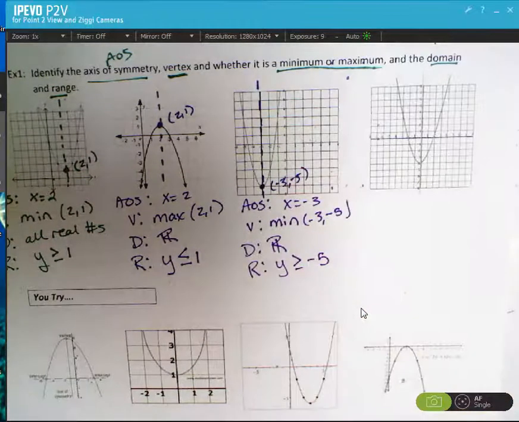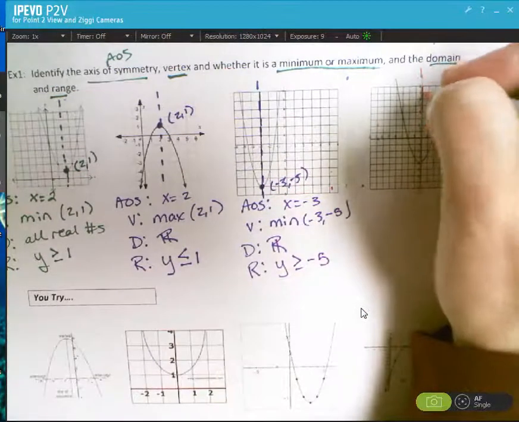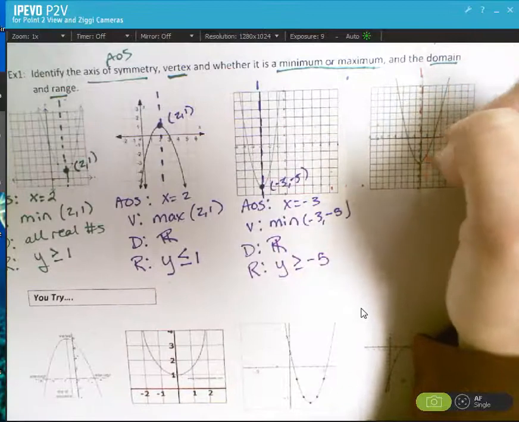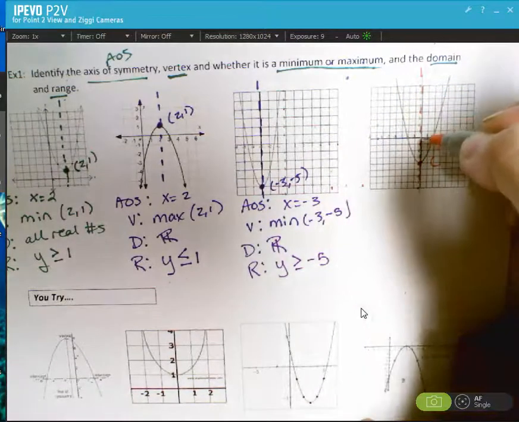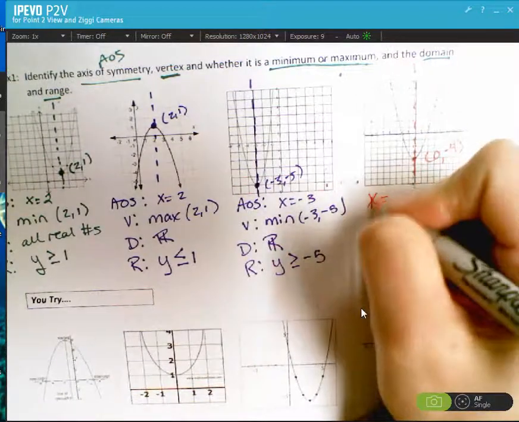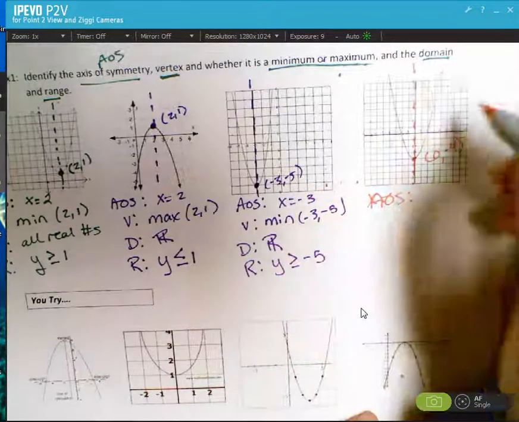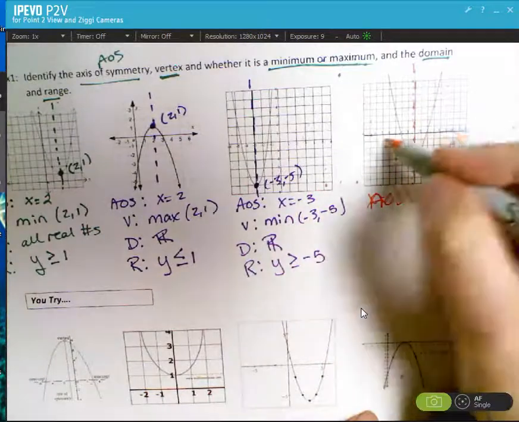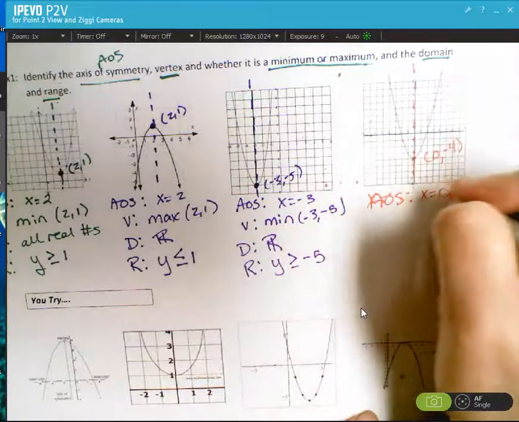Okay, one more to do together. We've got our axis of symmetry right there. That point, or vertex, is at 0, 1, 2, 3, 4, so (0, negative 4). My axis of symmetry is where it crosses the x-axis, at x equals 0.